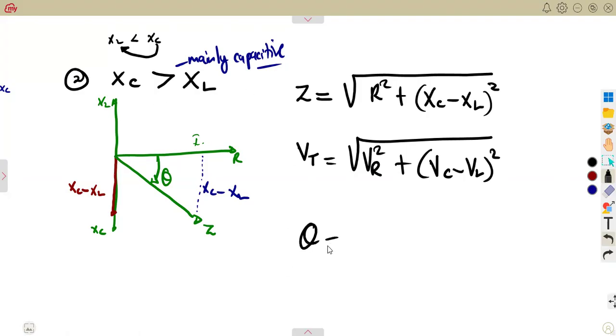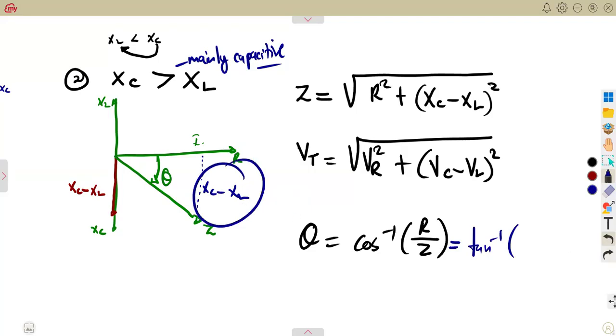Phase angle theta still can be calculated from arccos. What is it that we have on the adjacent? Adjacent, that is our resistance over the hypotenuse, which is the impedance. Or you can use the arctan because there's opposite there. So you can even use the arctan of the opposite now, which will be XC minus XL over what?